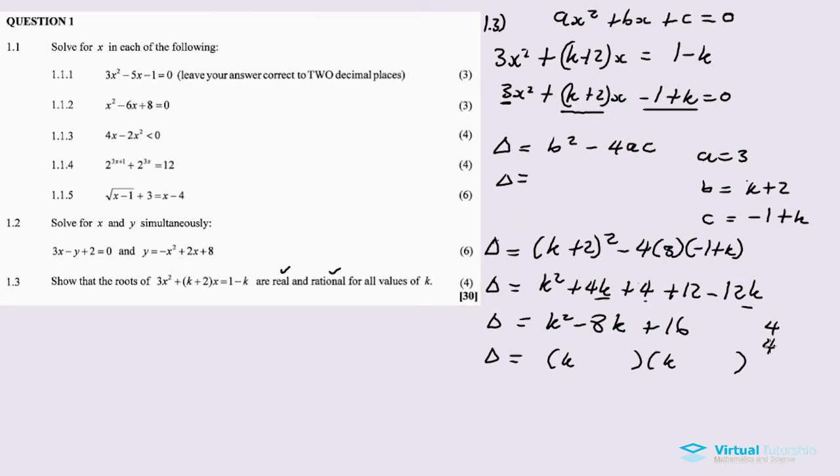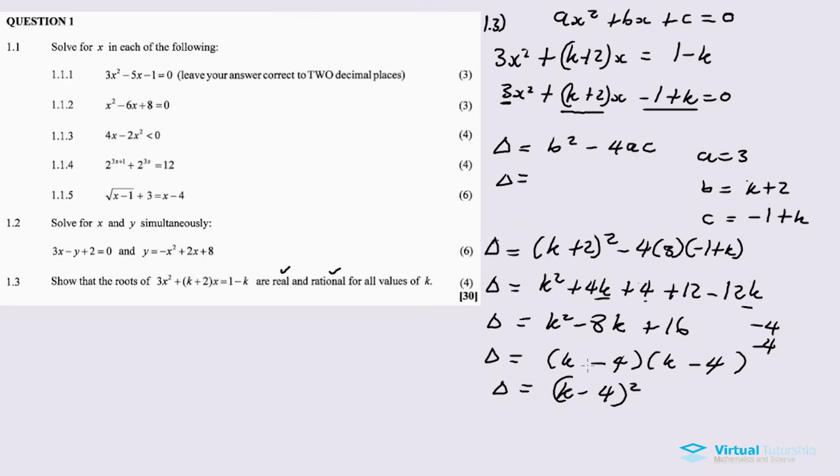Since 4 times 4 is 16, but it must be positive, and when I add, I get negative 8, so it's negative 4, negative 4. Negative 4 times negative 4 is positive 16. Negative 4 plus negative 4 is negative 8. So the discriminant is equal to k minus 4 squared.